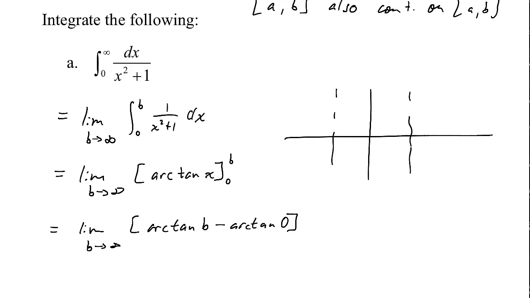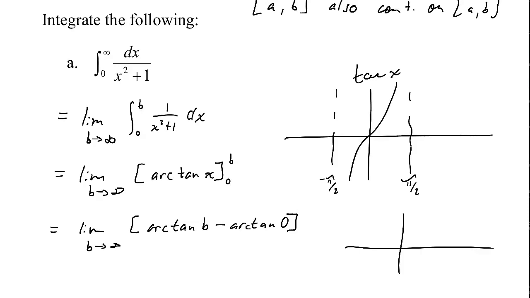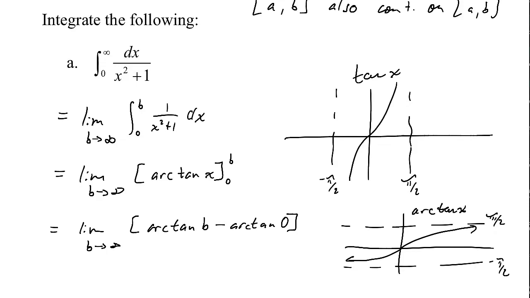Tangent has asymptotes at pi over 2 and negative pi over 2. So if I do arctan, right, for inverse functions, the x equals asymptotes will become y equals asymptotes. So I have asymptotes at positive pi over 2 and negative pi over 2. And arctangent will reflect over the line y equals x. And I get a graph something like that.